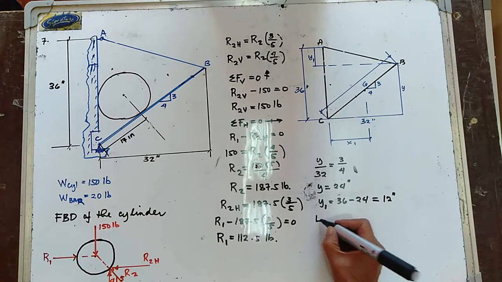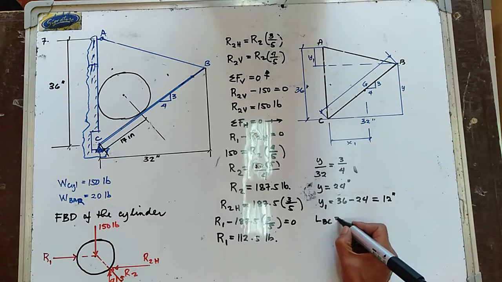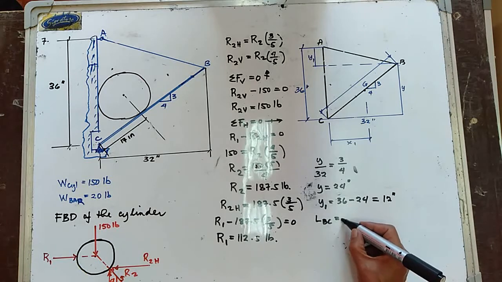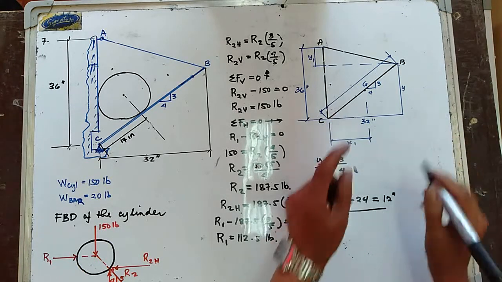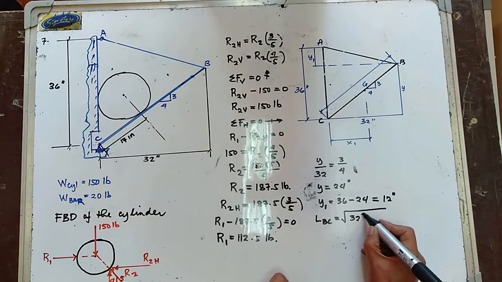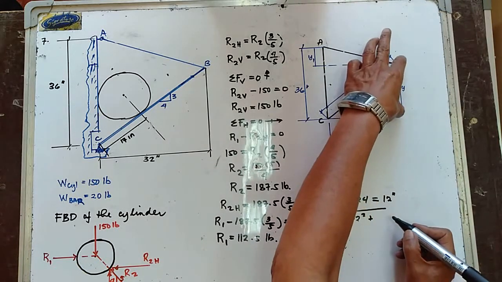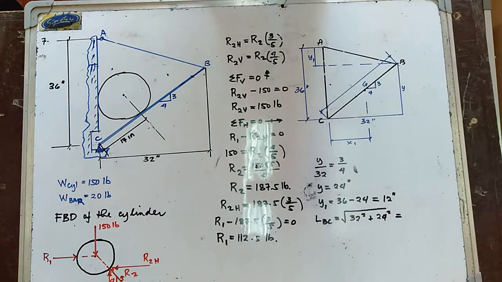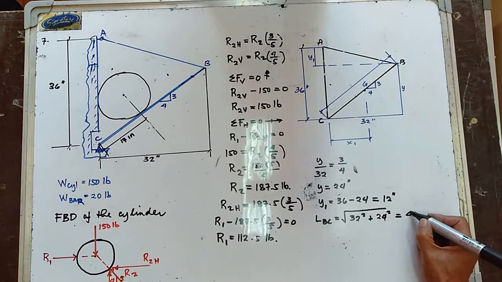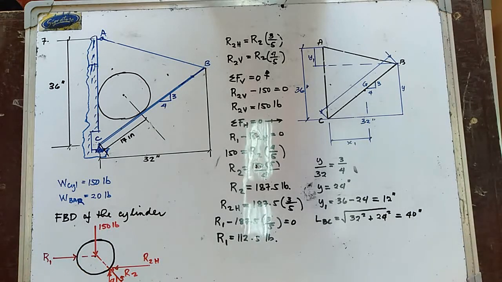Your length BC is equal to the square root of 32 squared plus y squared, which is 24 squared. Therefore, your length BC is equal to 40 inches.